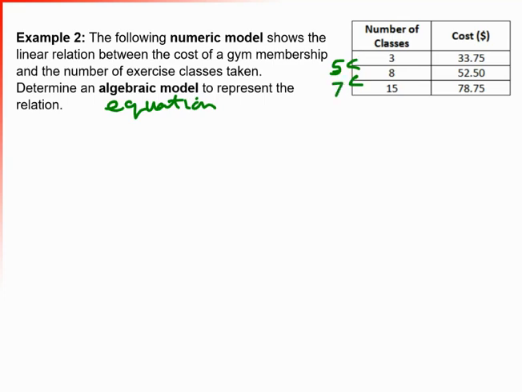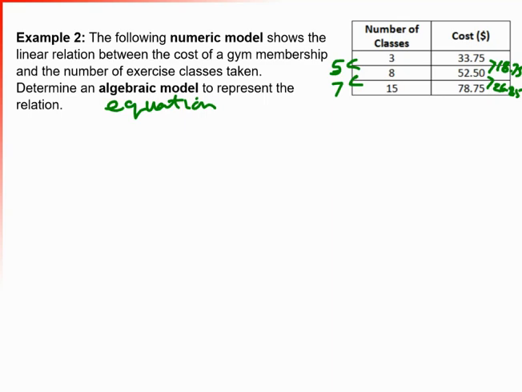Well, those aren't constant. So we're having some trouble here. What was this? This is 1875. And what is 78.75 minus 52.50? It's 26.25. So that's difficult, but we can still figure this out.